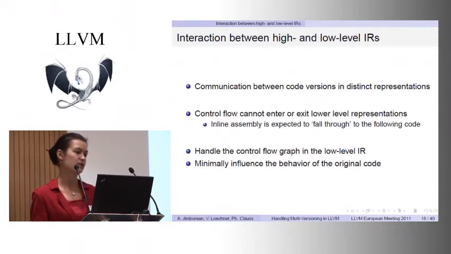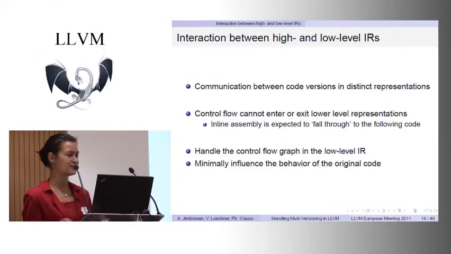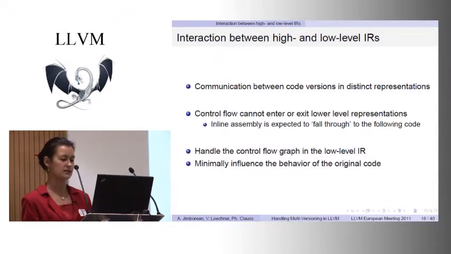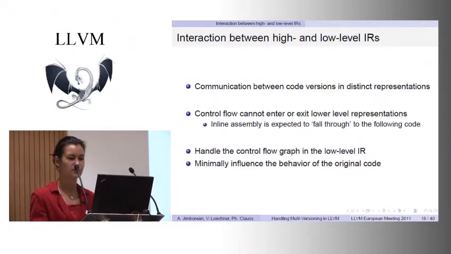So the only solution that we found was to handle the control flow graph in the low level intermediate representation. At the same time, we try to minimally influence the behavior of the original code. That is because if we want to perform instrumentation, for instance, we don't want to influence the code that we are instrumenting. And also, we don't want to influence the optimization passes, since we are always wanting to keep an eye on performance.